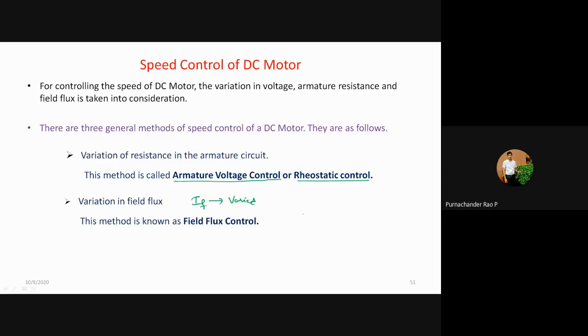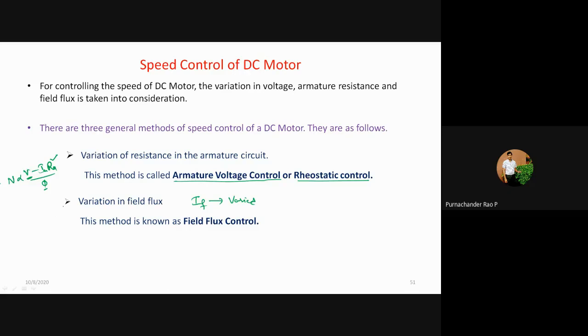In all the cases, N is proportional to (V minus Ia Ra) divided by flux. So in the first case, you are varying the armature resistance, so you need to keep the supply voltage and the flux constant.